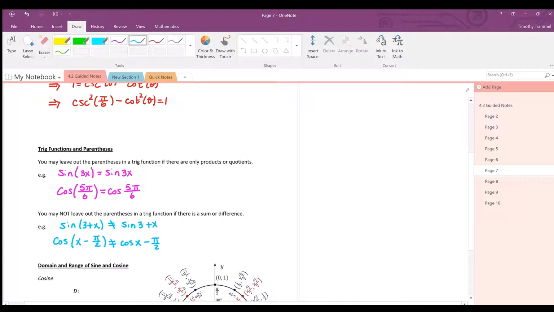And this is actually important to remember because when you get into your calculus classes, depending on what book you're using or what teacher you have, you're going to see those parentheses there sometimes, and you're going to see them not, and you need to know what it means when those parentheses are there and when they're not there.